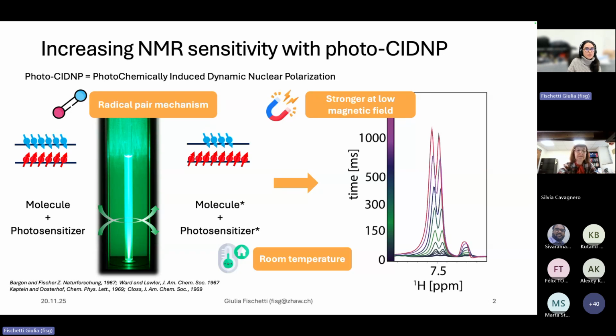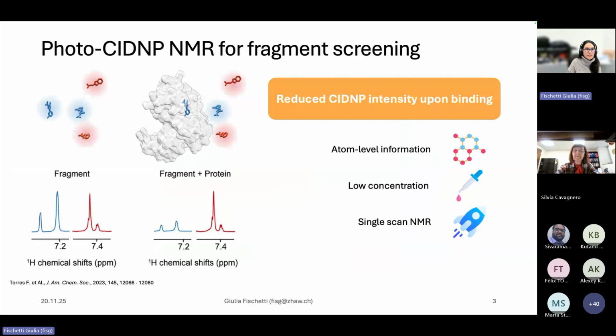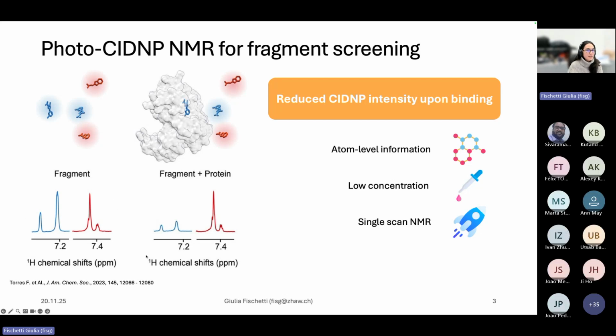What can be done with Photo-CIDNP NMR is fragment screening, so we can assess if a fragment is bound to a protein. This happens because the signal enhancement of Photo-CIDNP NMR is reduced when there is binding and interaction between a fragment and a protein.